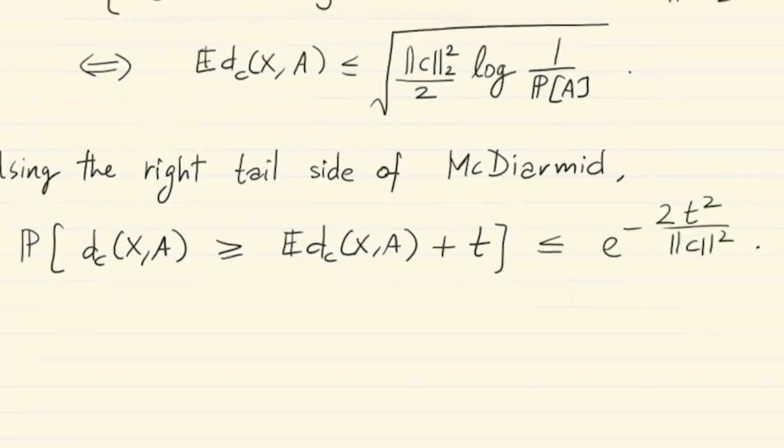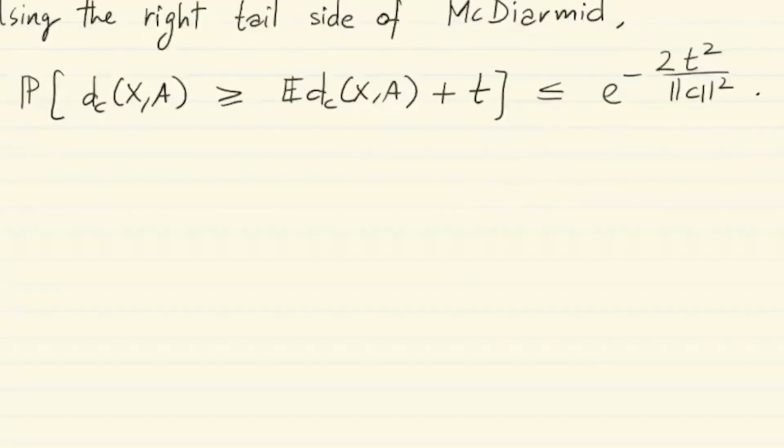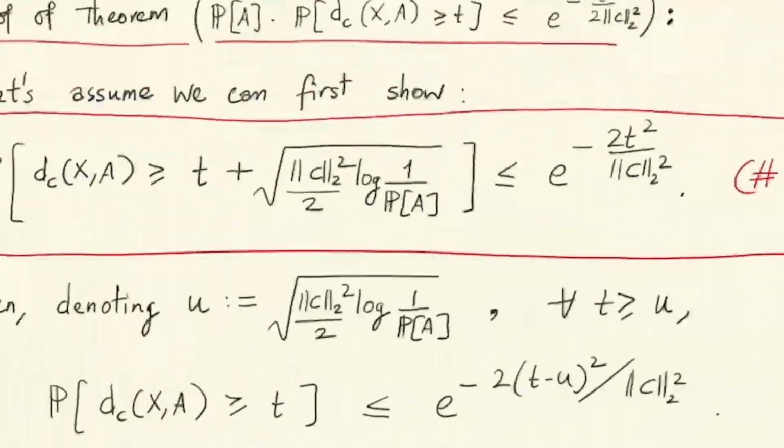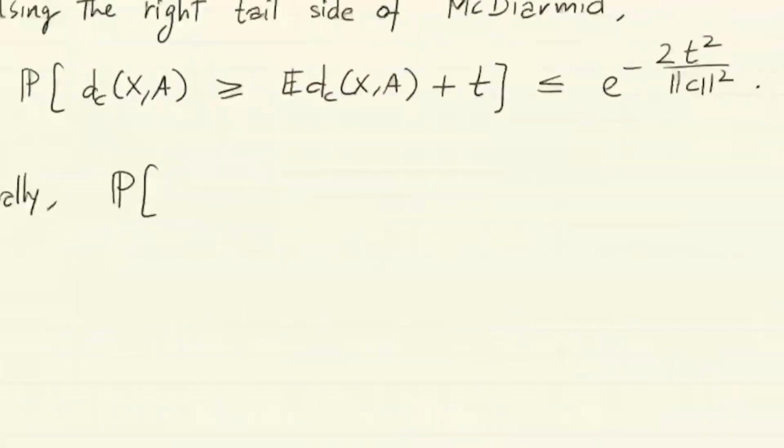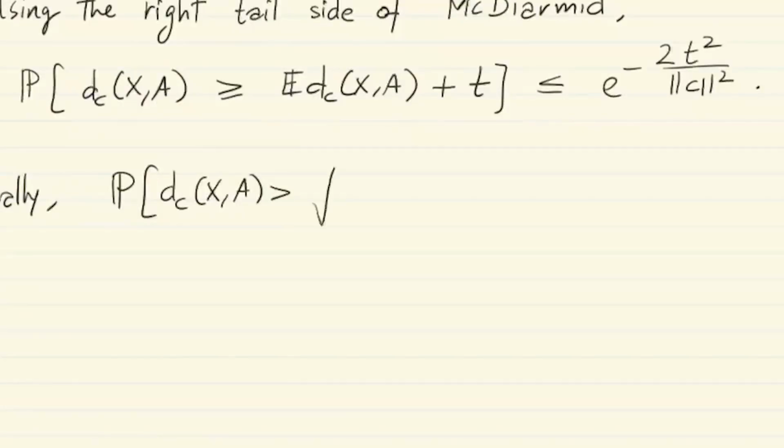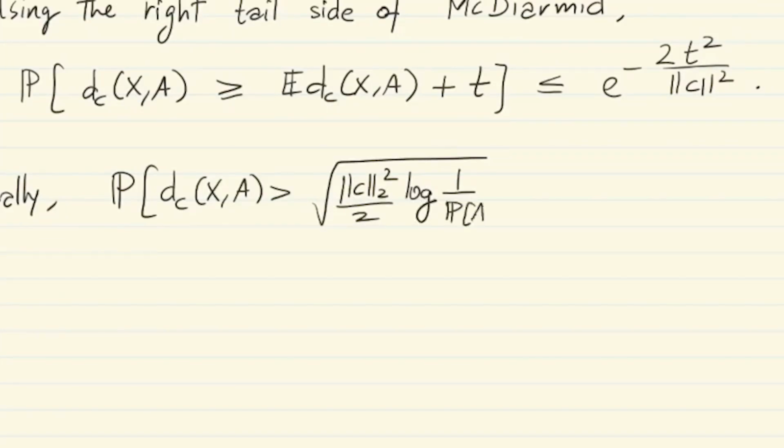And finally, if we combine both of these results, the desired probability in star on the left hand side is the probability that D_c(X, A) is greater than the square root of norm c square by 2 log 1 by P(A) plus t.